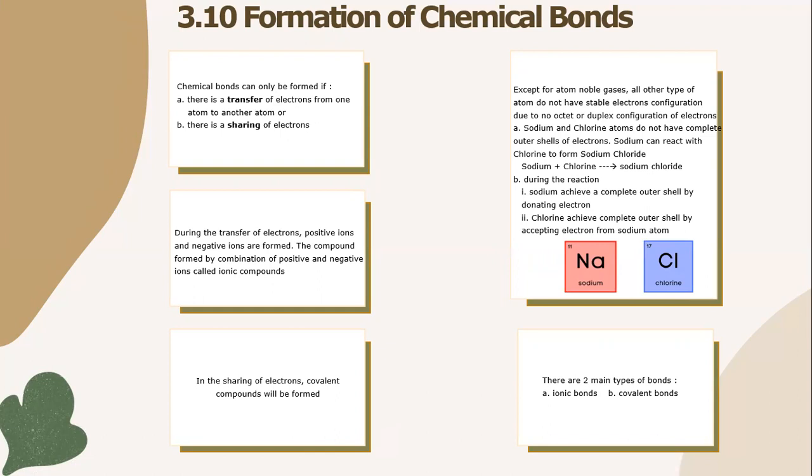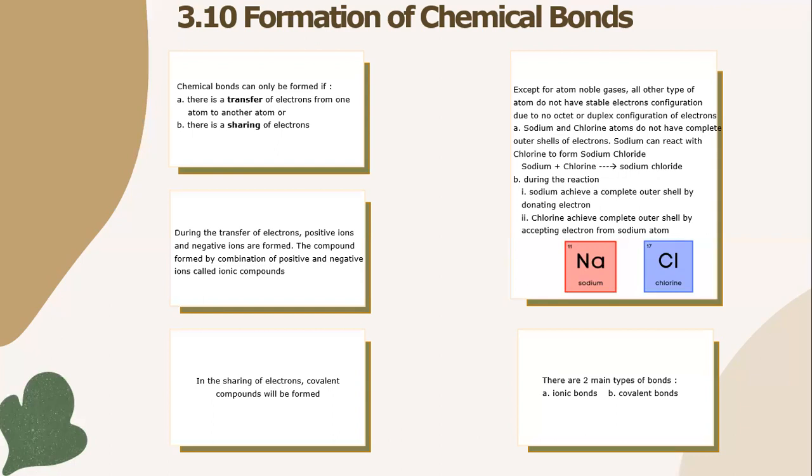Except for noble gas atoms, all other types of atoms do not have a stable electron configuration due to having no octet or duplet configuration of electrons. For example, sodium and chlorine atoms do not have complete outer shells of electrons. Sodium can react with chlorine to form sodium chloride.